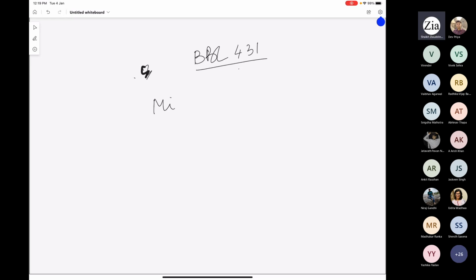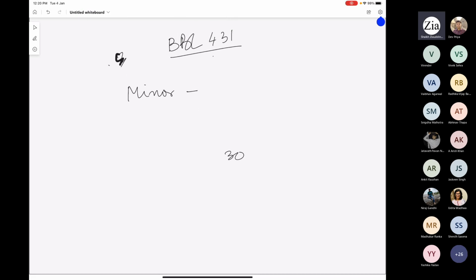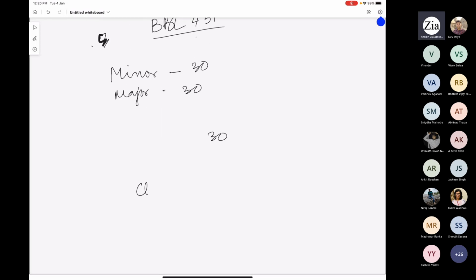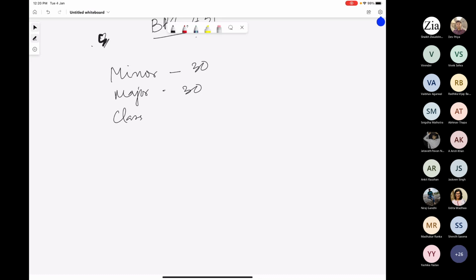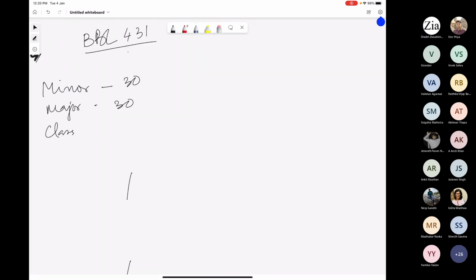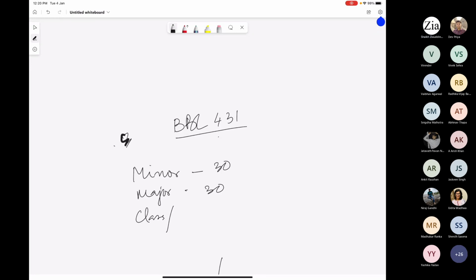Okay, so we'll have 30 marks for minor, and for major we'll have another 30 marks, and for class participation, I'm not talking about attendance, because if you don't attend regularly, you will be missing some classes, and if you miss the classes and don't pay attention to the lectures, then you will have trouble solving the problems we'll discuss in the exam.